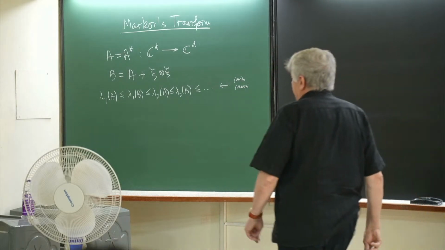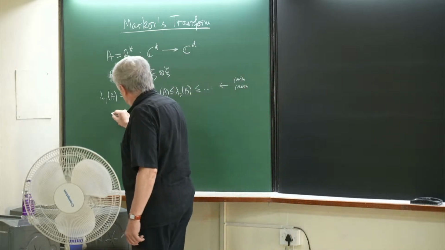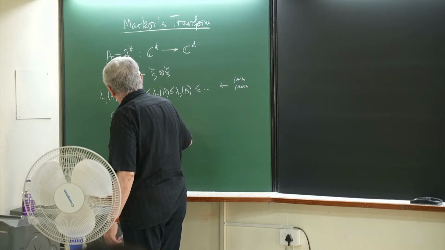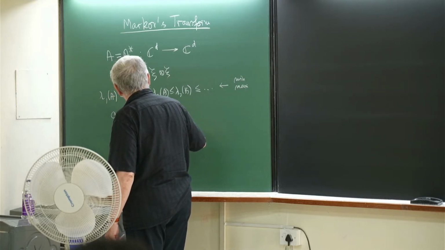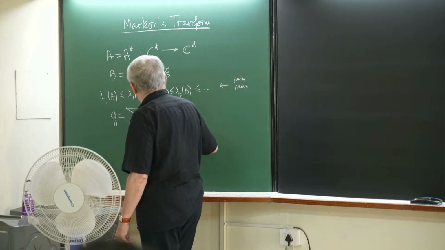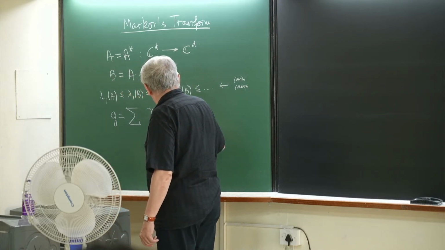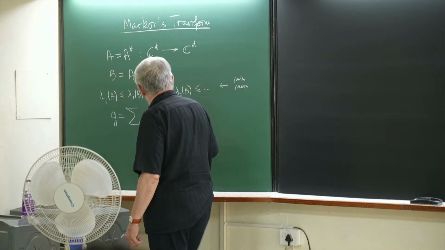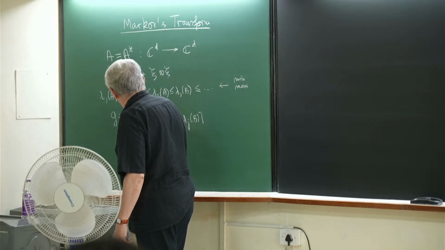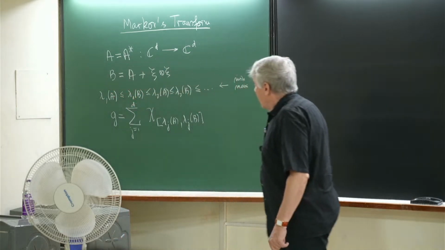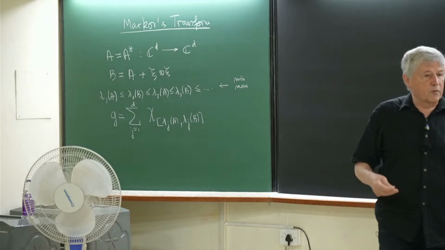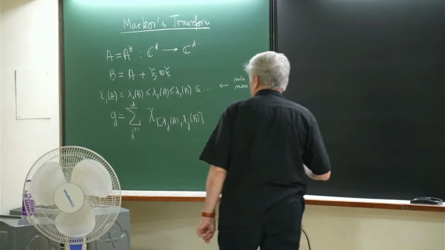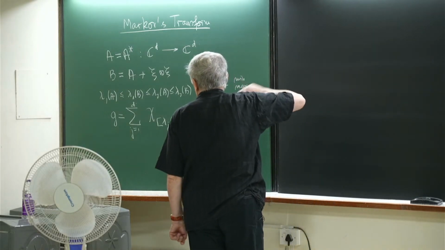And if we take G to be the sum of the characteristic functions of these spectral displacements, we obtain, just with elementary computation, the following remarkable identity.